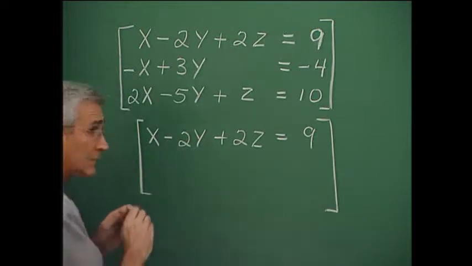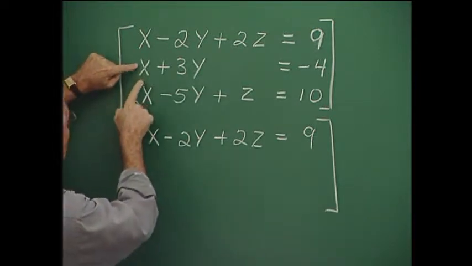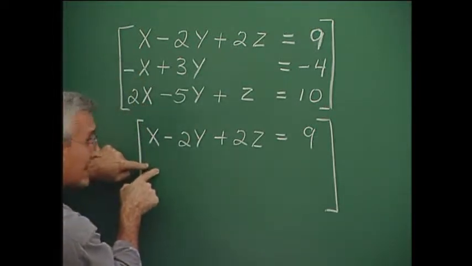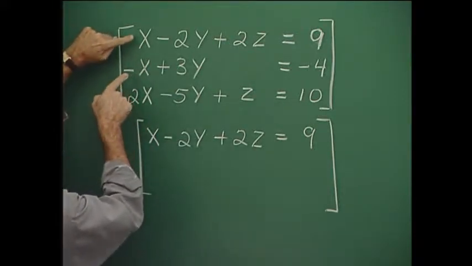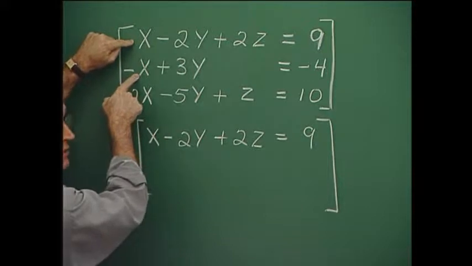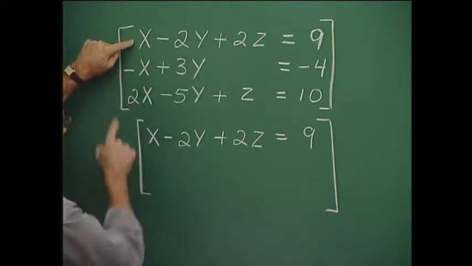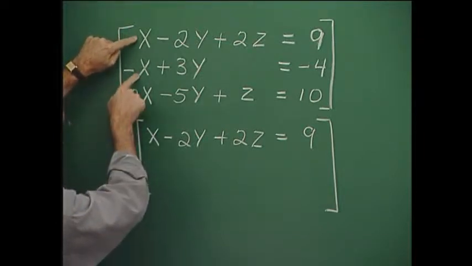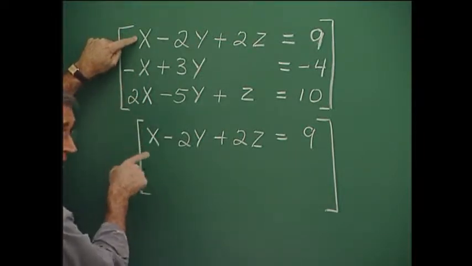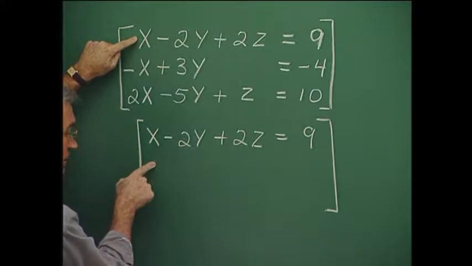Now, my goal is to cause a vacancy to occur right here. In order to do that, I'm going to simply add these two equations and put their sum right here. I'm going to add those two because x minus x is going to be 0x, and I'll have the vacancy that I want in this position.